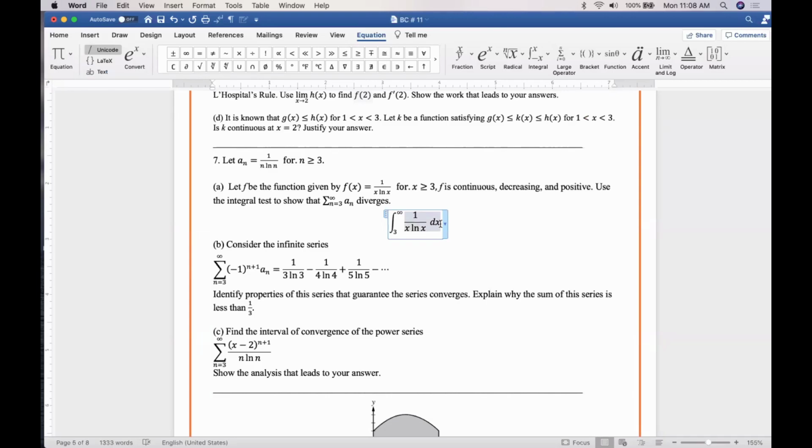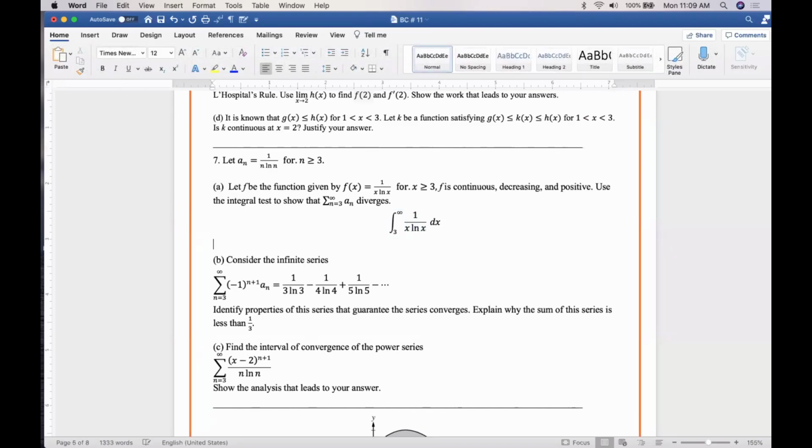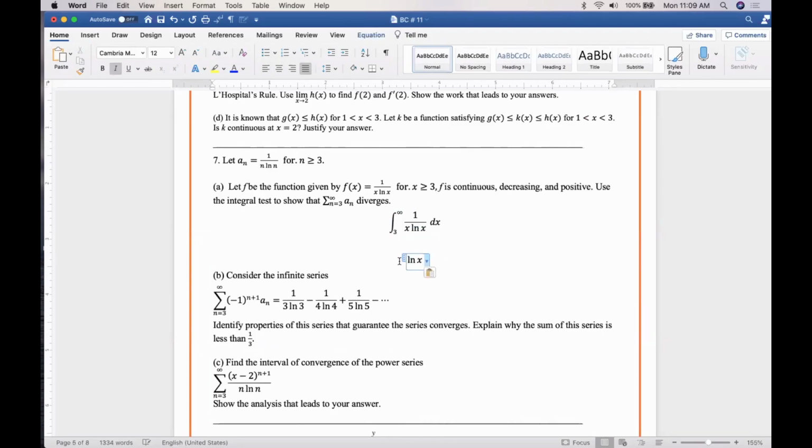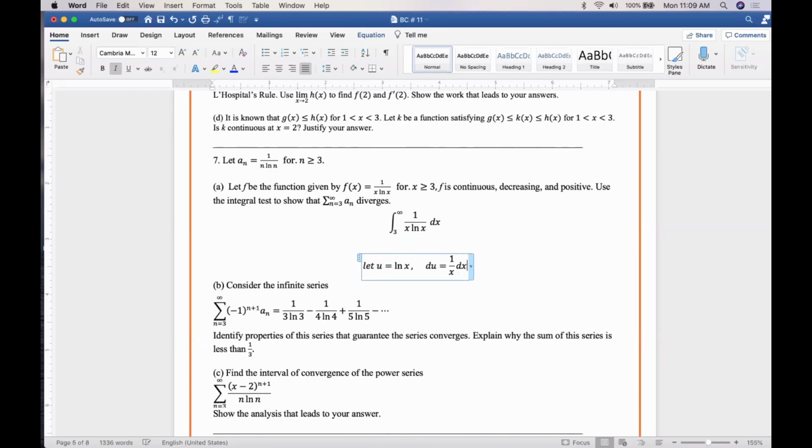which basically I can do using substitution. If ln of x is u, using u substitution, let u equal that, then du will equal 1 over x dx, right?